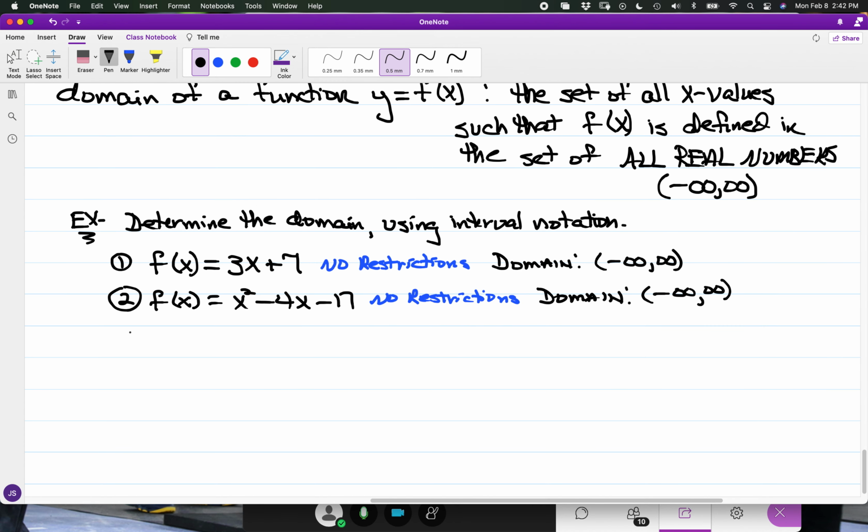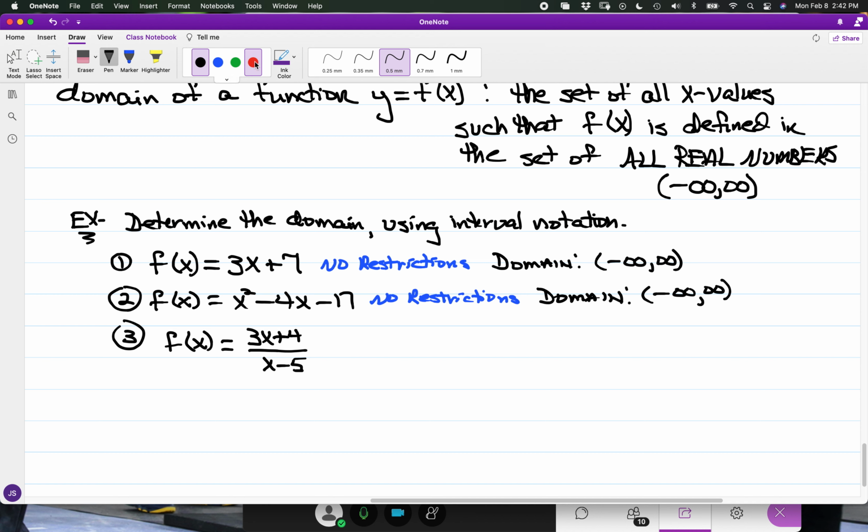Now let's say we have f of x equal to 3x plus 4, all over x minus 5. This time x cannot be just anything.